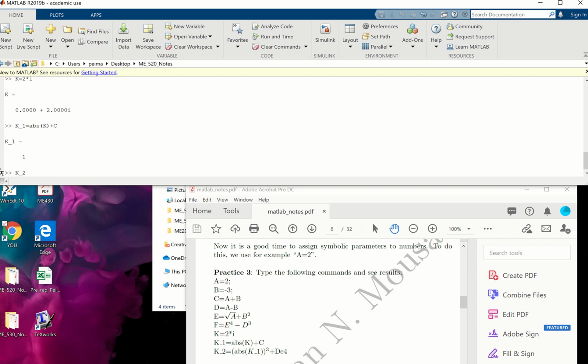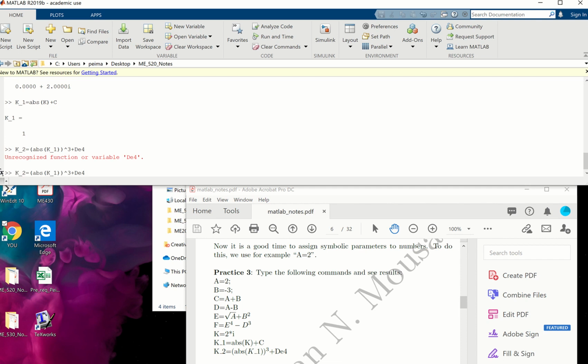Or k2 is equal to the abs, the magnitude of k underline 1, that's right, that we calculated here, to the power of 3 plus d e4. Let me type like this exactly. Let me see what we have. d e4 has no meaning, guys. Because d is a number, you cannot say that.